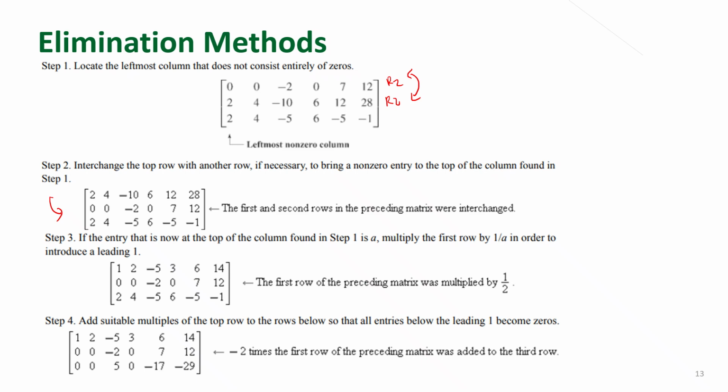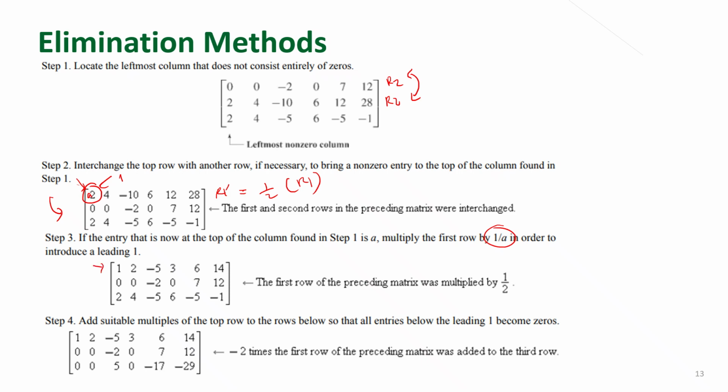Then we want the first row to have a leading one, so this one will become 1. What we do is multiply the new row 1, which will equal a half of the previous row 1. So 1 divided by the coefficient in this matrix, and we get this new one.